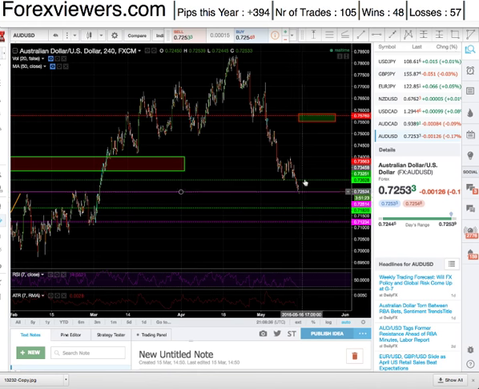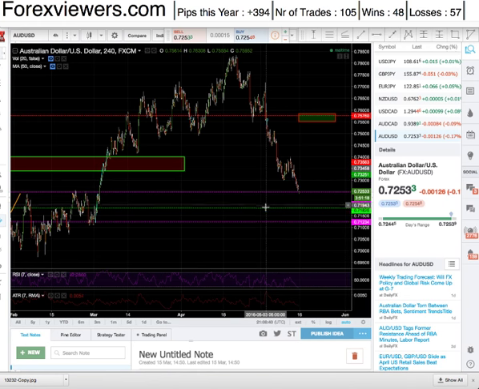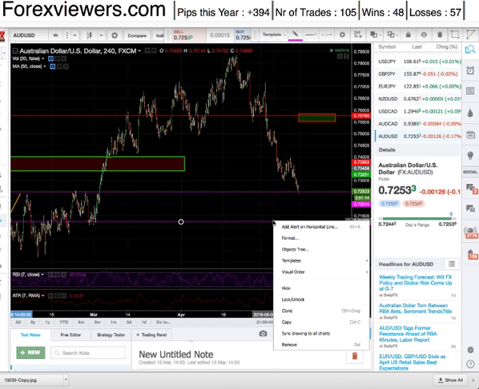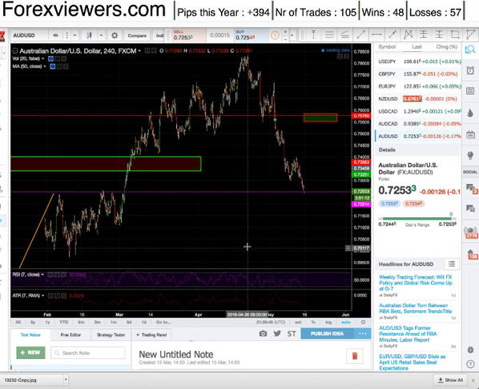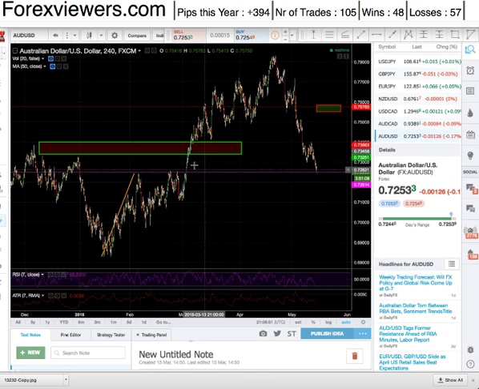Pretty much see this. Don't need the lines. Can I erase this one as well? So zooming out here, we are currently right at the top right here. If you can see that.